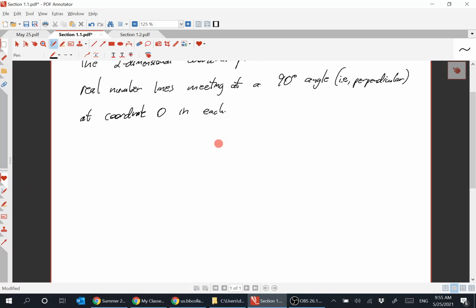So you've got these two real number lines, and typically they're called the x-axis and the y-axis. These are two lines, a horizontal and a vertical, which meet at the 0 in each.